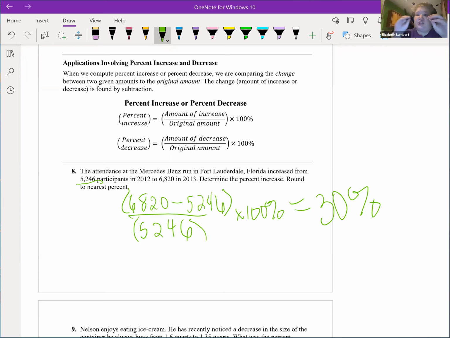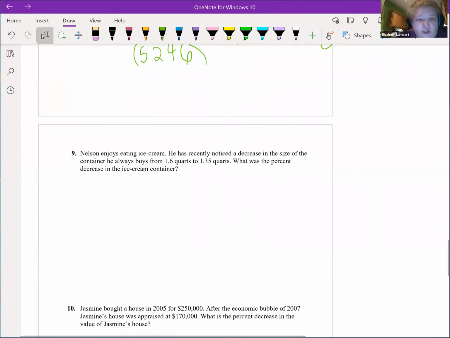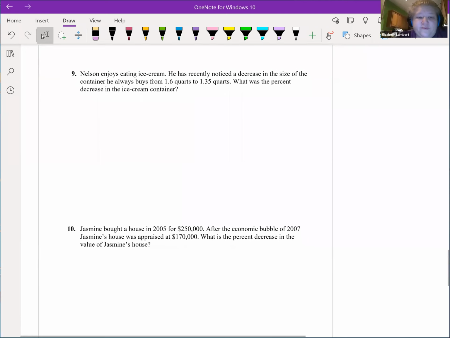But if you're looking at just the two numbers and what percentage one is of the other, it's 130% of the 5,246. So here it's very important to make sure you know which one the original is, because that one goes on the bottom. If you put the wrong one on the bottom, you're going to get the wrong answer, but you're going to feel like you did the same amount of work.